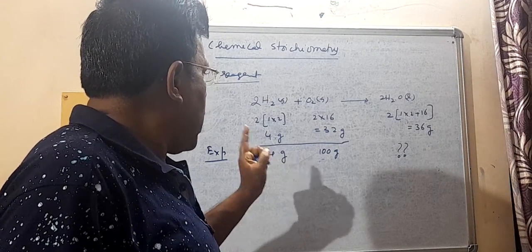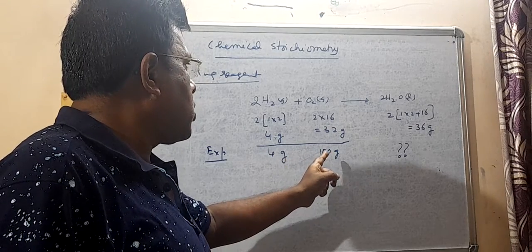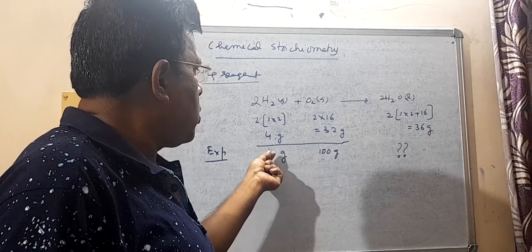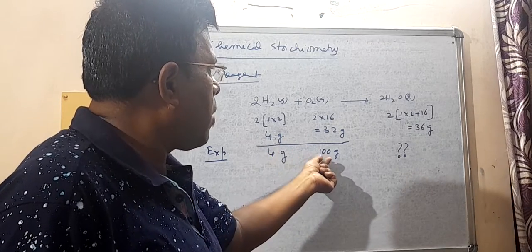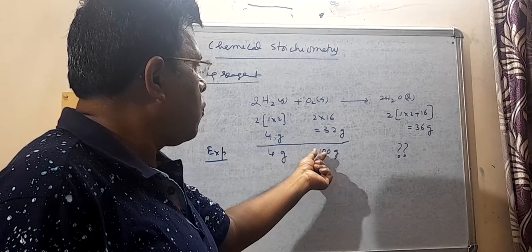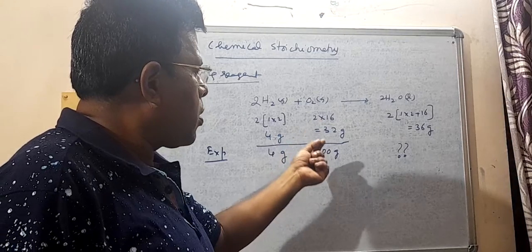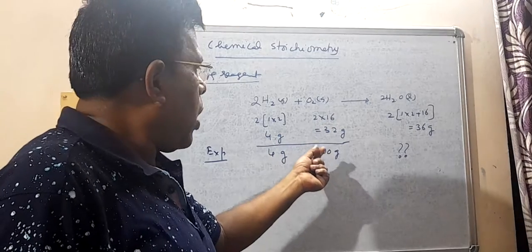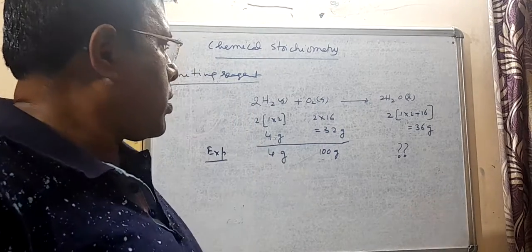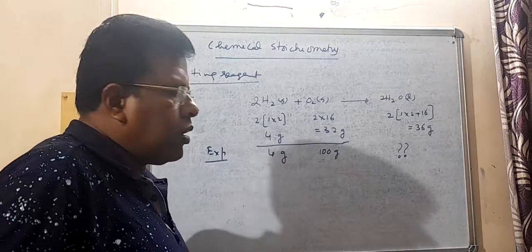Now since we are taking here 4 grams of hydrogen and 100 grams of oxygen, and 4 grams of hydrogen can only react with 32 grams of oxygen, the remaining oxygen will be in excess and will not be reacting. Out of 100 only 32 grams will be reacting and the rest will be in excess.